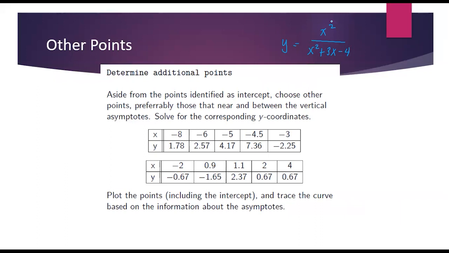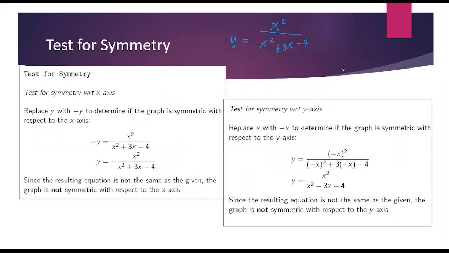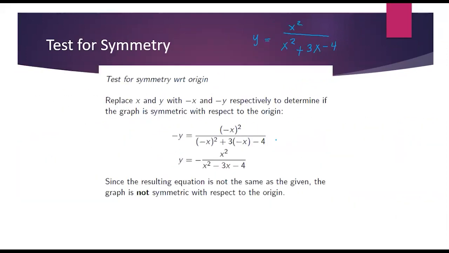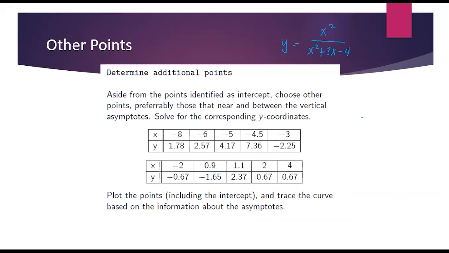This rational function is defined for all values of x except when x is equal to negative 4 and x is equal to 1. So do not include those in our values of x.